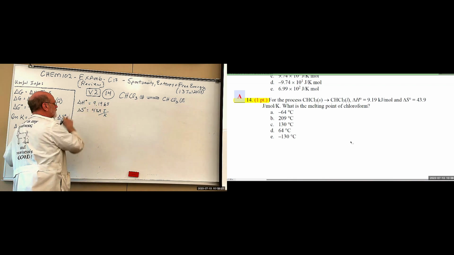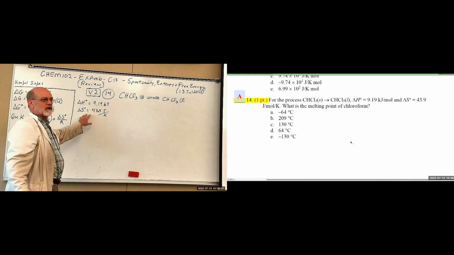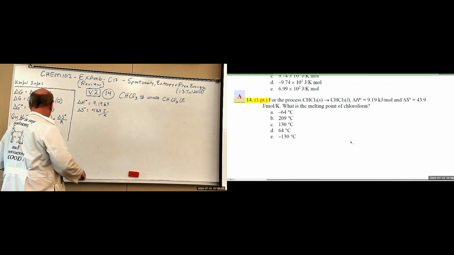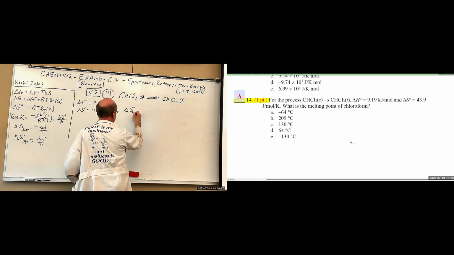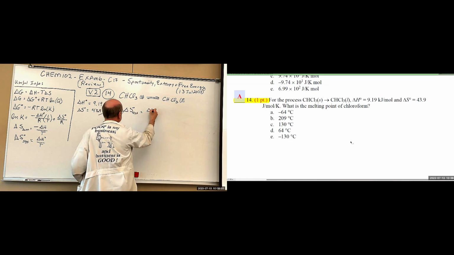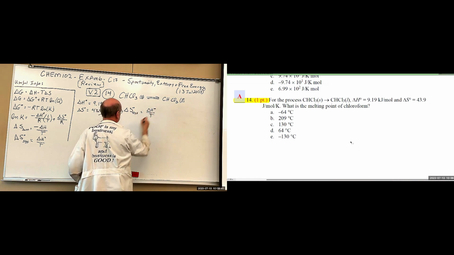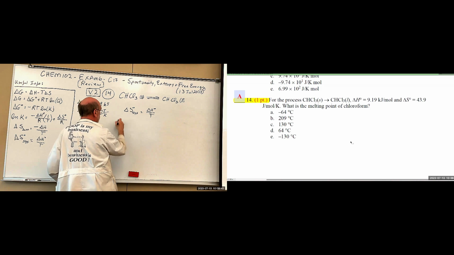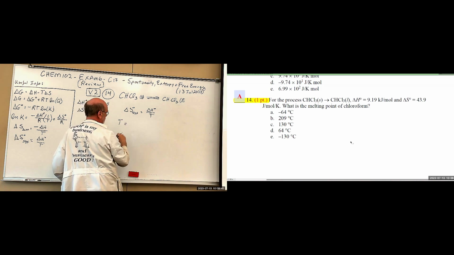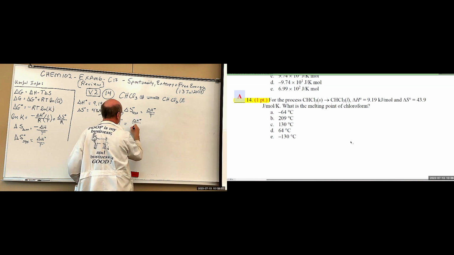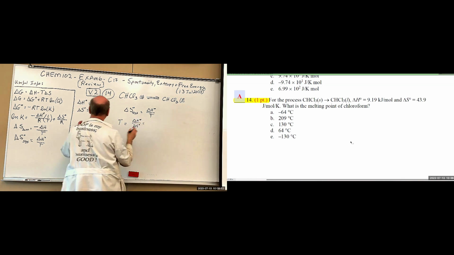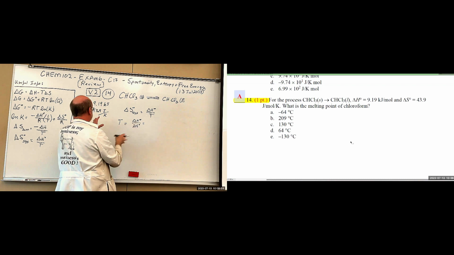If you're not told its surroundings or total, it's always system. So that means we have delta S0 for the system equals delta H0 over temperature. So we're solving for the melting point, which is equal to delta H0 over delta S0.